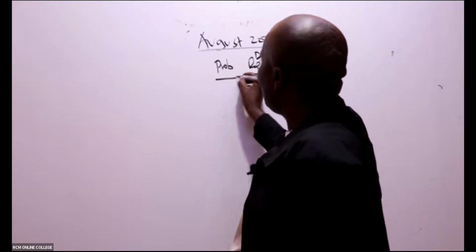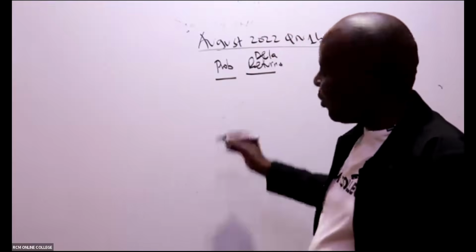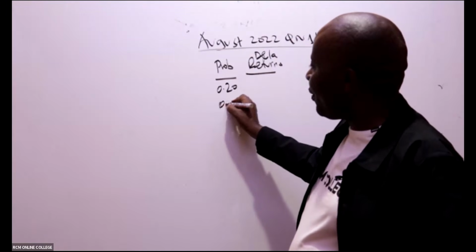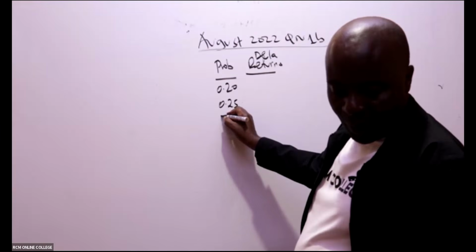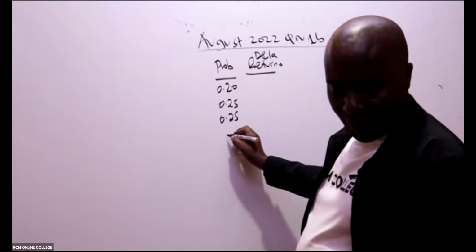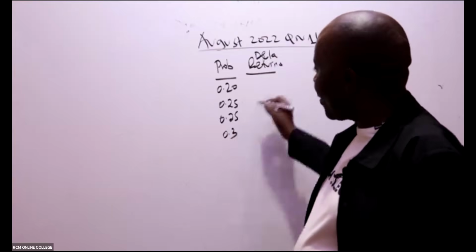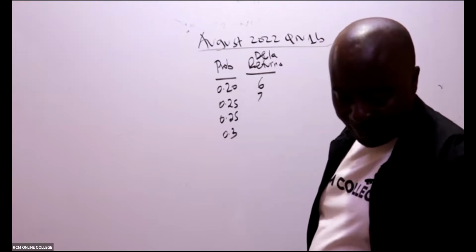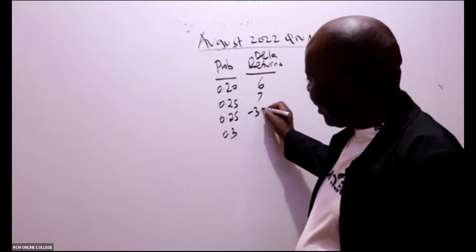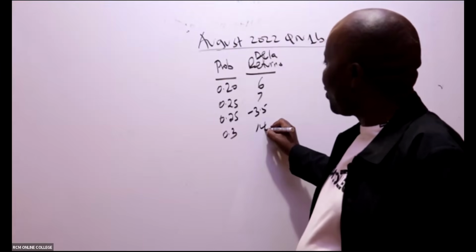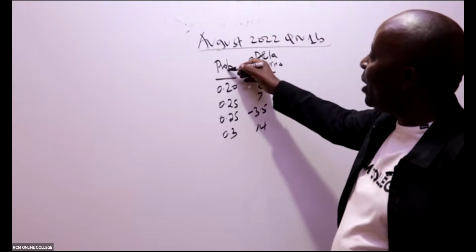Probability is 0.2, here we have 0.25, here we have 0.25, here we have 0.3. The Dela returns are 6, 7, minus 3.5, and 14. Could you kindly take this times this?